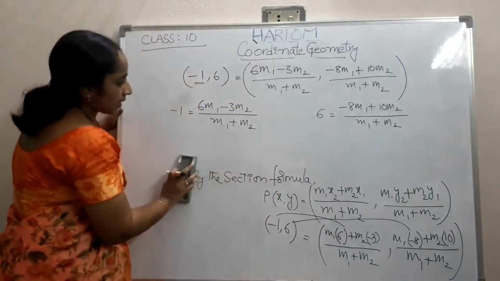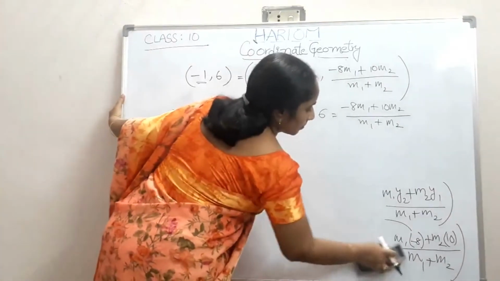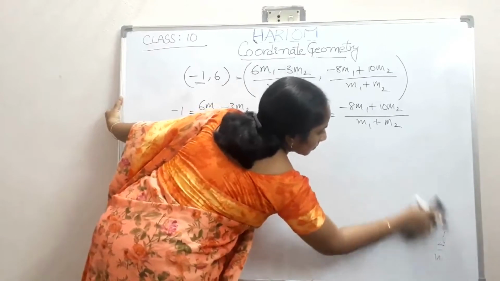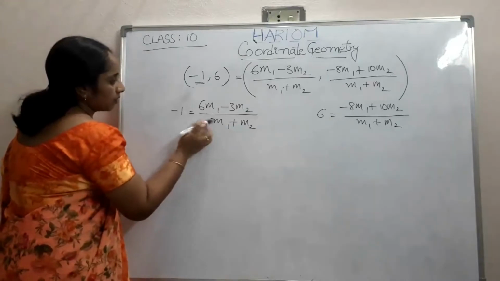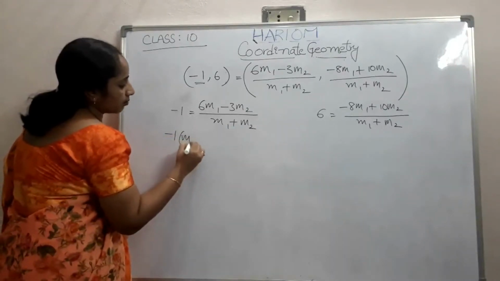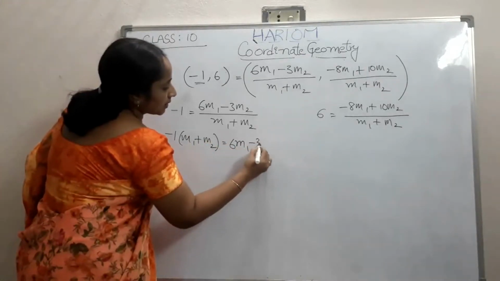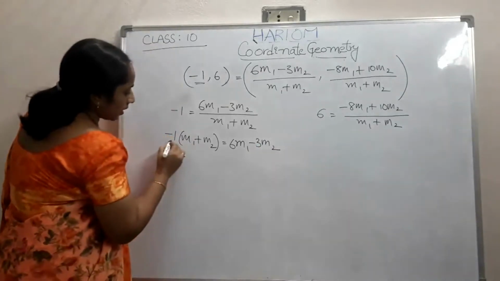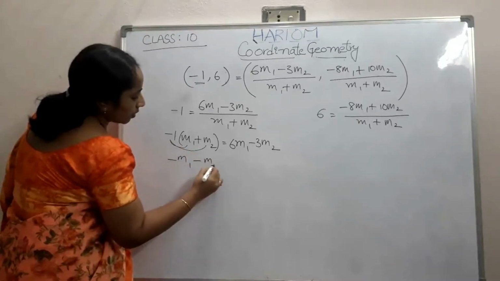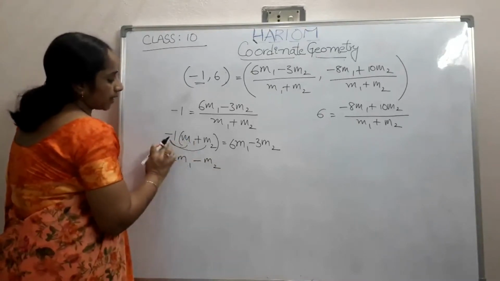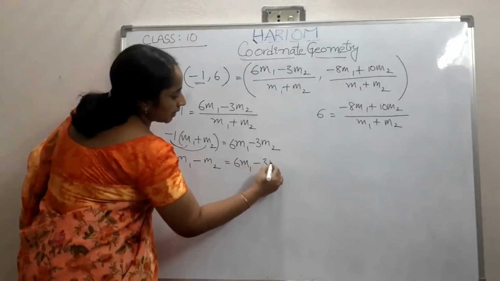Now by cross multiplication we can get -1 into (m1 plus m2) is equal to 6m1 minus 3m2. Now -m1 minus m2, that is, -1 into m1 is -m1, -1 into m2 is -m2, is equal to 6m1 minus 3m2.